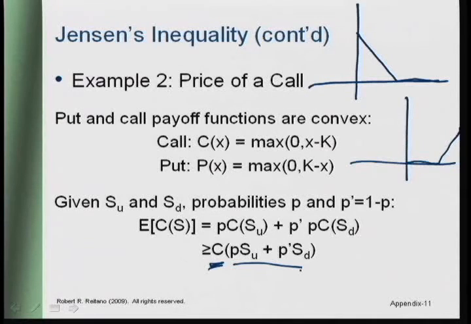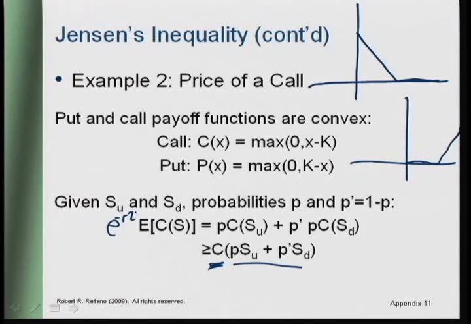So this says that the payoff, because remember, if I let P be the risk-neutral probability, this is almost the option price. It's not quite. In order to be the option price, I need a discount factor.